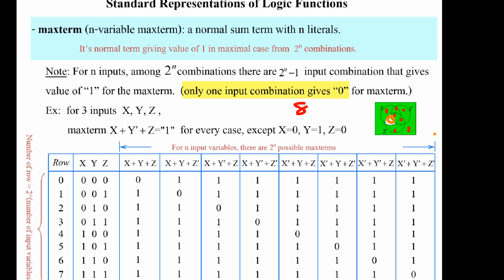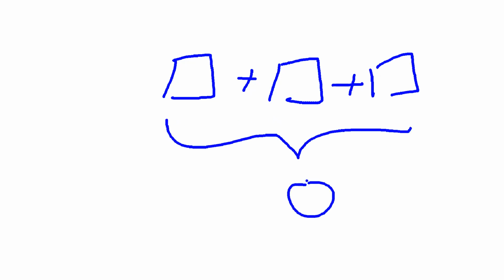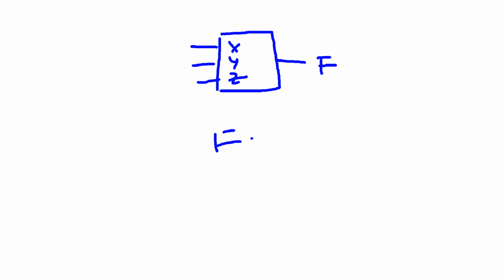What kind of function gives 0 in only 1 case? Yes, an OR of all terms will be 0 in only 1 case, when the value of every term is 0. So for max term, for example, x, y, z, output f: your output f is x plus y prime plus z prime.